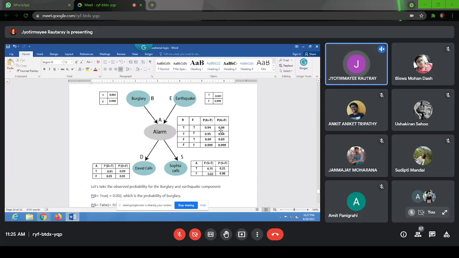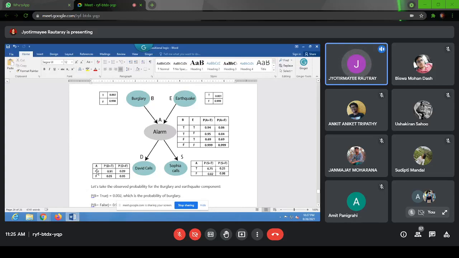The other values are given as 0.8, 0.04, 0.69, 0.69. This will also be given for the false value of alarm sounded.